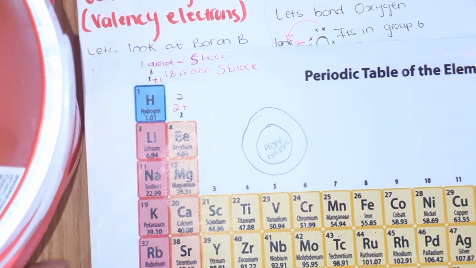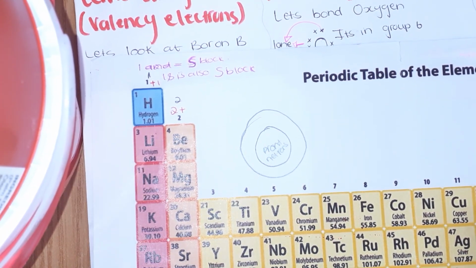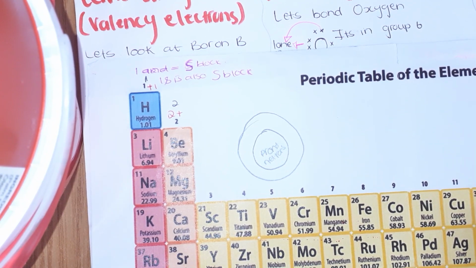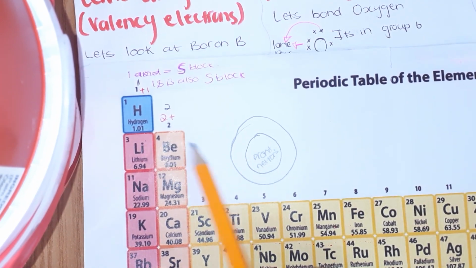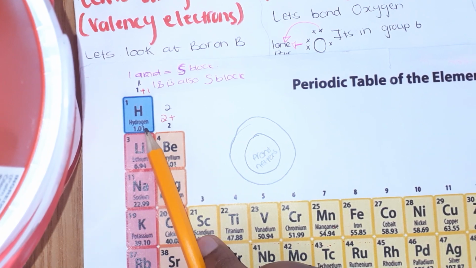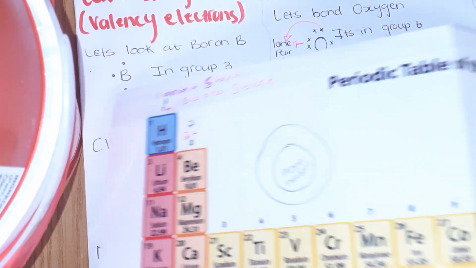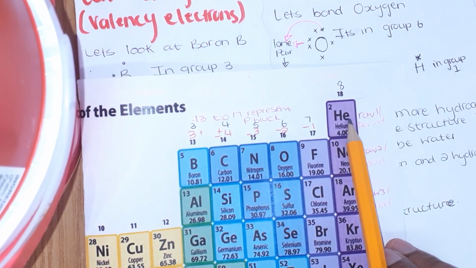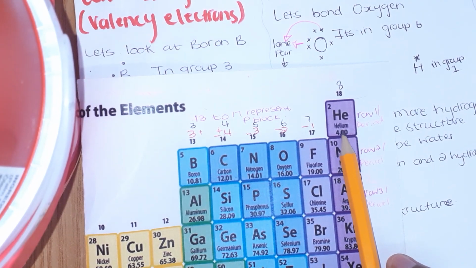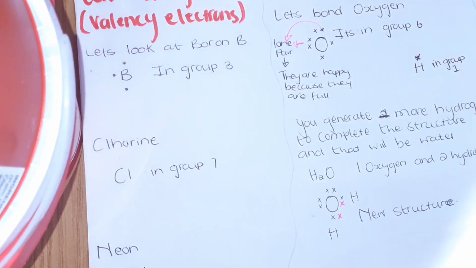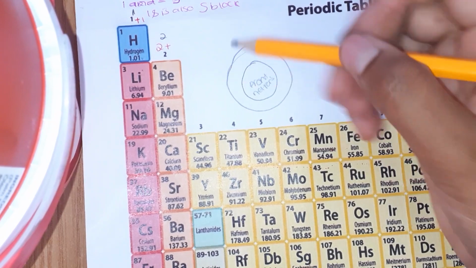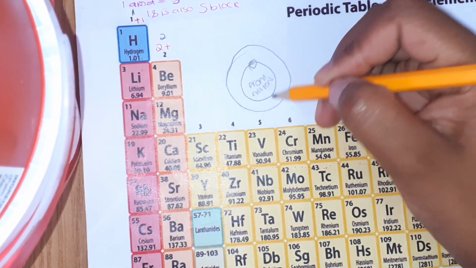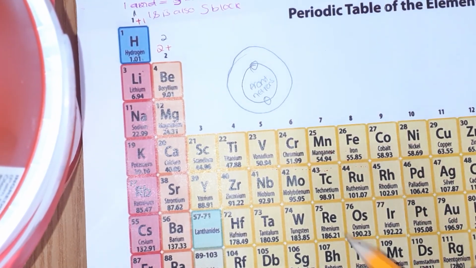So when we are looking for carbon as the atom, we're going to start here. We're going to count from hydrogen. Hydrogen is 1, and then we're going this side. In the first row we have helium, that's number 2. So our inner electrons are going to be 2.